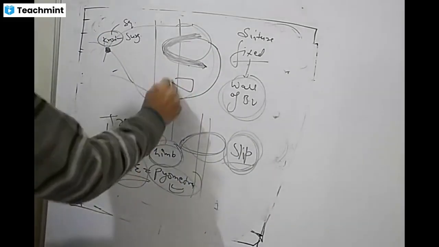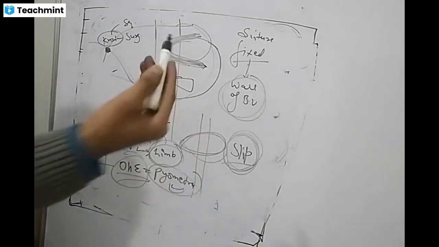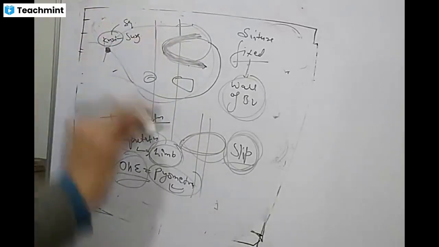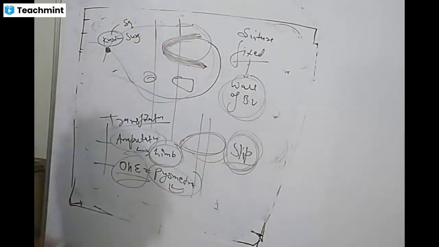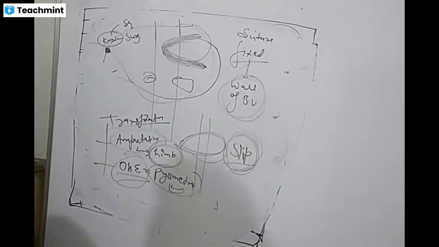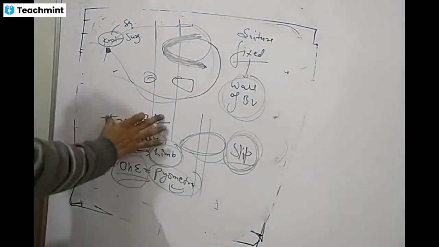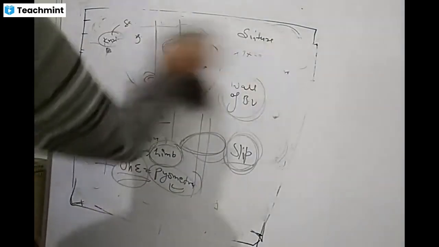But for cutaneous or other small vessels, you can do simple circumferential ligation. For large vessels and cases like pyometra, try to use transfixation ligation.